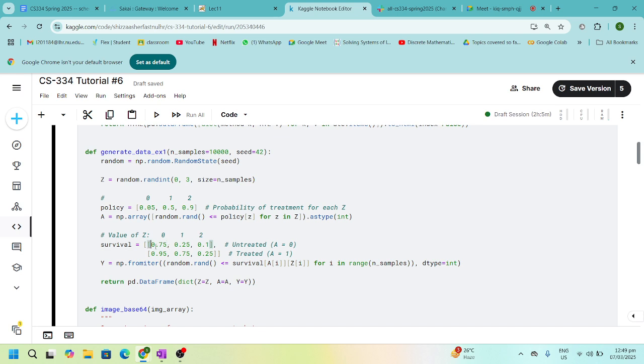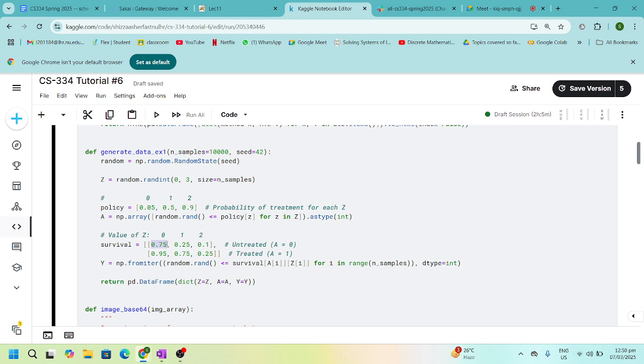And there's only a 25% chance that, oh, I said it the other way around. My bad. There's only a 25% chance that the person will not survive. And then I have done the same for the value of z as 1 and 2 as well, for both my treated and untreated groups.